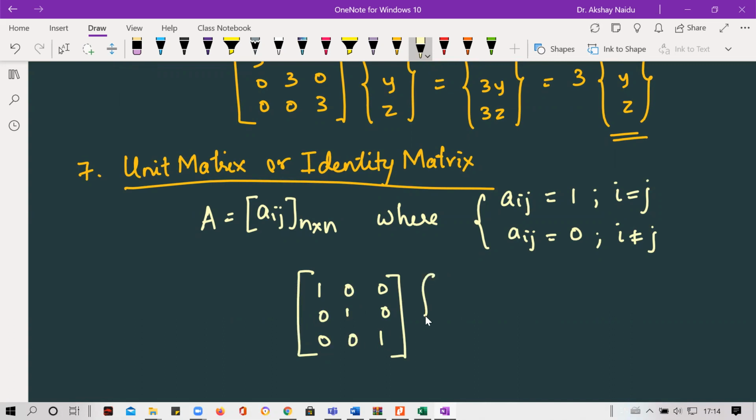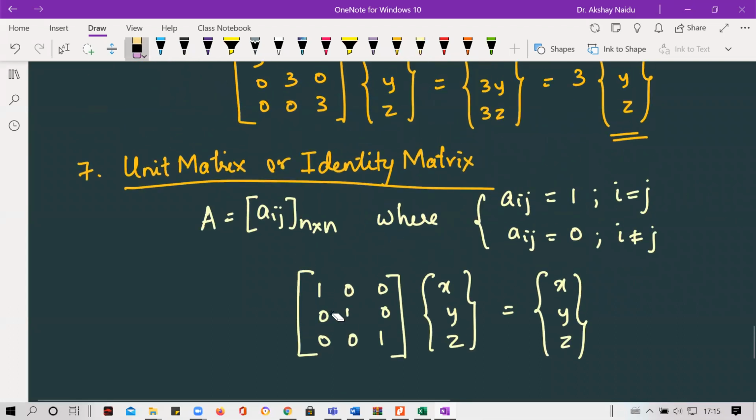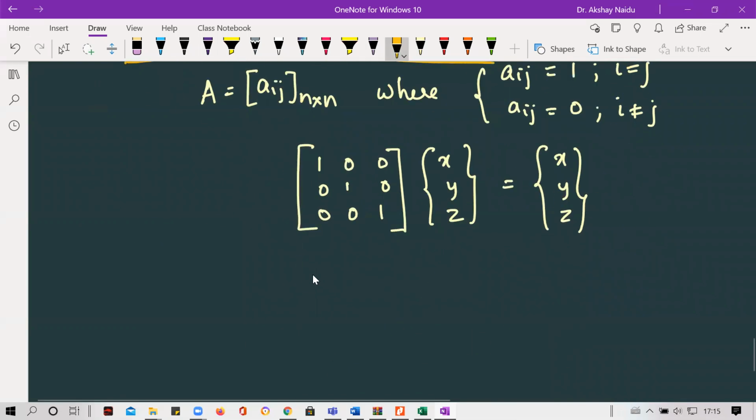Because you multiply this with any matrix, you will get the matrix itself. Just like in real numbers, you multiply 1 with any number, you get the number itself. Like that, in matrices, you multiply the unit matrix with any of the other matrix. Of course, they have to be conformal, that we'll discuss for matrix multiplication.